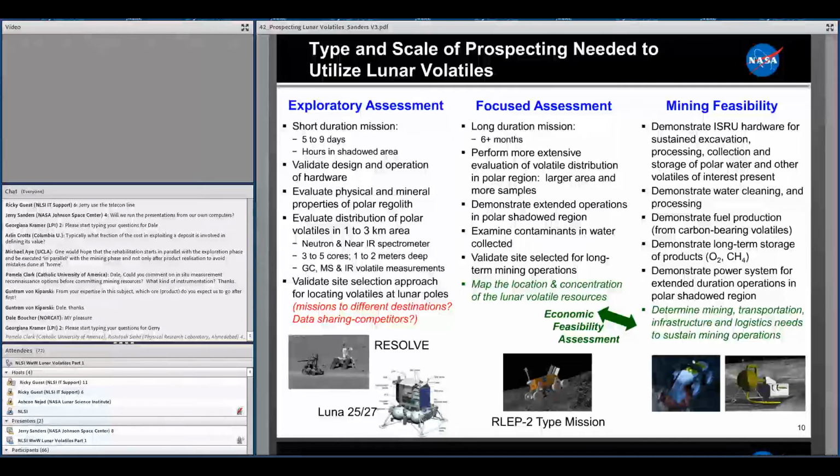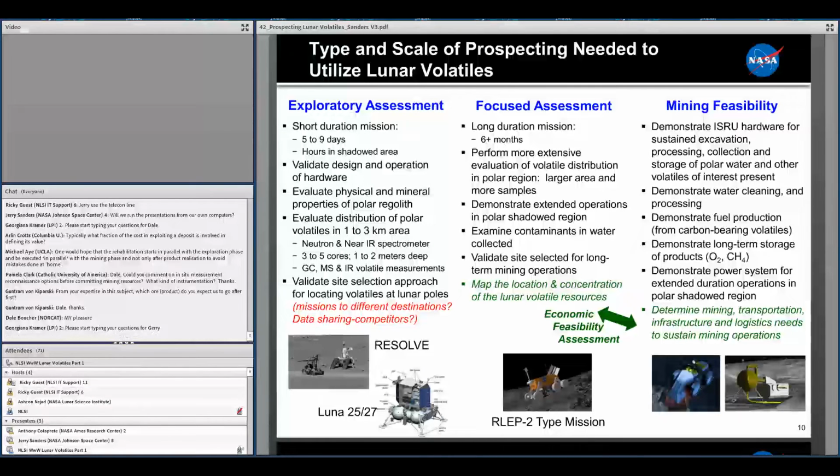If either of these 2 find locations that are of interest, we then would go to a more focused assessment on the order of 6 or more months, demonstrating and understanding what the environment is like and our initial extraction of resources, and then eventually going to our mining feasibility.